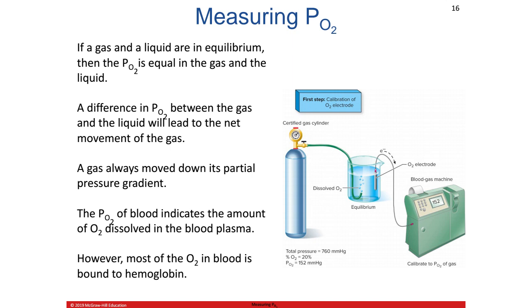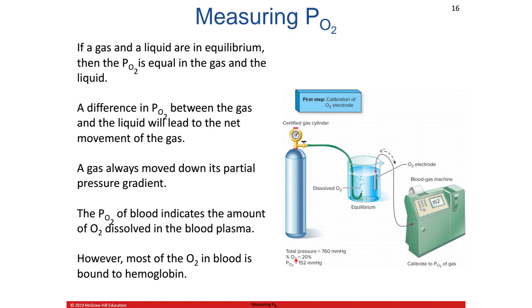Okay, so we've talked about PO2 a lot, but here we're going to recap a few of the things we talked about. So if a gas and a liquid are in equilibrium, then the PO2 is equal in the gas and in the liquid. So for example, let's look at this picture here. Let's imagine we have a total pressure of 760 millimeters of mercury.